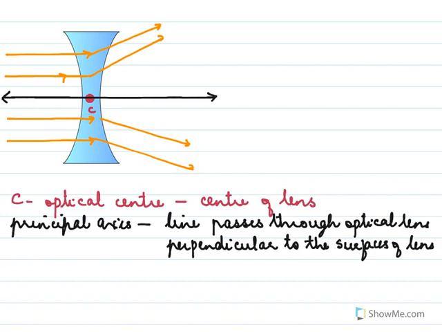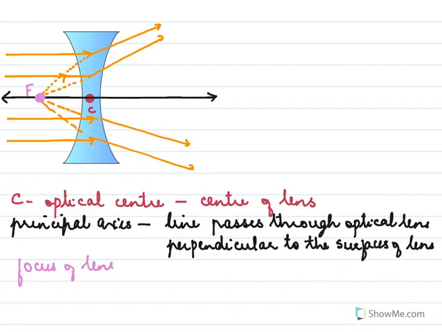But they all appear to come from one particular point. If we produce this backwards, they all appear to come from one point. And this point is the focus of the lens. So here we put it F. So we have the focus of the lens here.